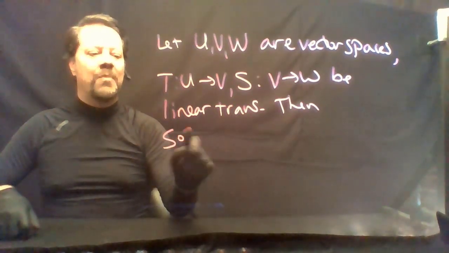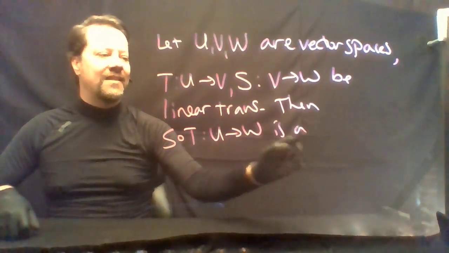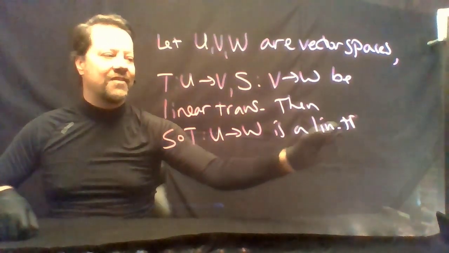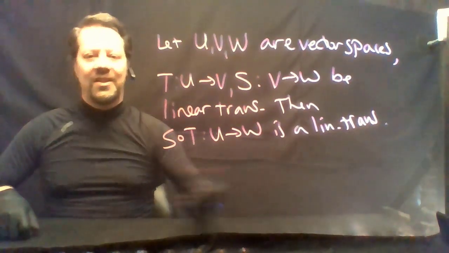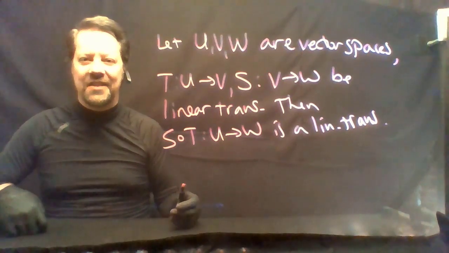Then S composed with T, which maps U into W, is a linear transformation. So function composition will lead to additional linear transformations.